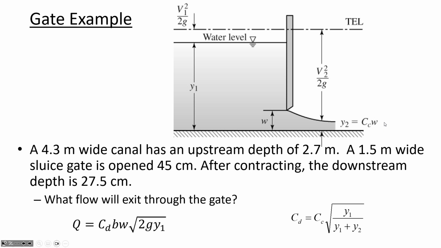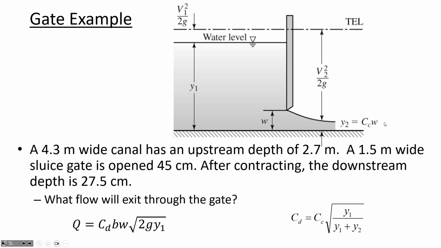If we've got water flowing through the channel like this, then the channel width is 4.3 meters in this top view. And the water is flowing along, but then the gate is actually only at a width of 1.5 meters.